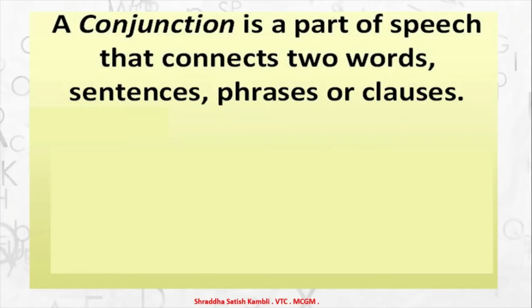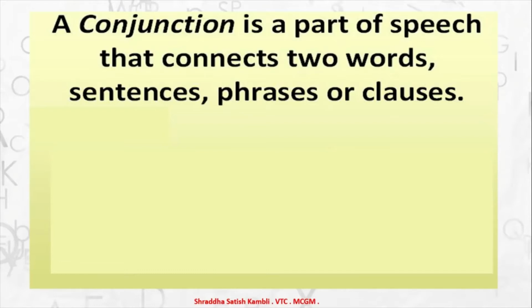It is that part of speech that connects two words or sometimes two sentences, or within a sentence also it could connect two clauses or two phrases. So all these words or all these phrases, they are called conjunctions. So I always tell you that the meaning of conjunction is connecting junction.